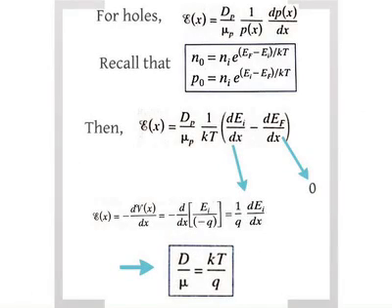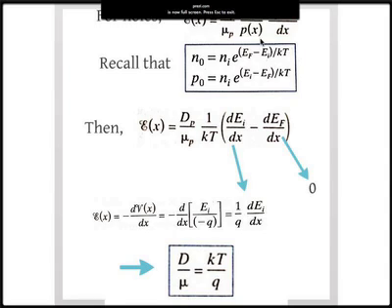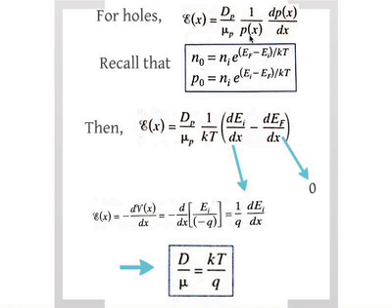Now, remember, this is equilibrium. So we know what the concentrations are. So we know what this term is. This is the concentration at equilibrium, so you could put a 0. So p naught is related to the intrinsic Fermi level. We know this.